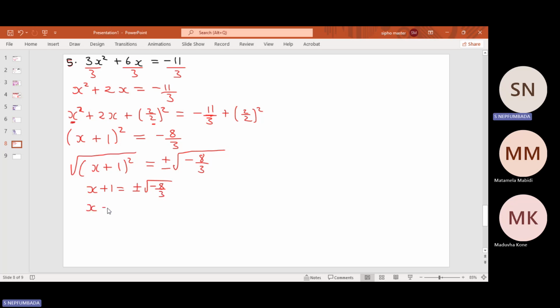Then our x is equal to, we take this one to that side, minus 1 plus or minus i square root of 8 over 3. And this is your final solution. Here you can tell them that i is equal to the square root of negative 1.